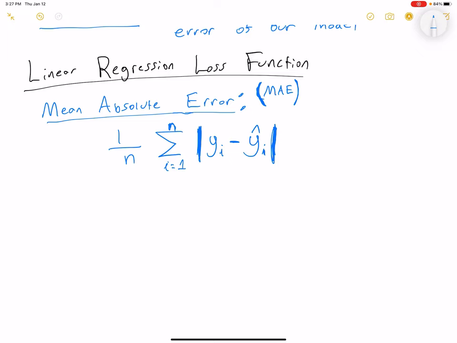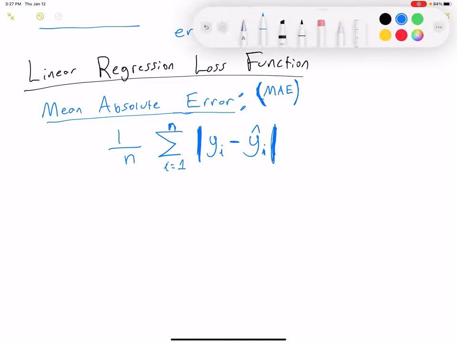In practice, however, we use a slight modification.